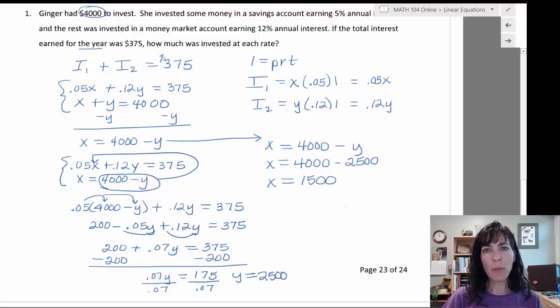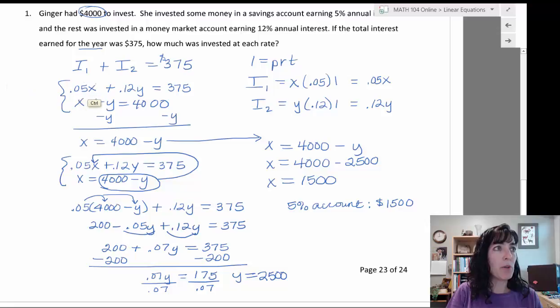Now we are talking about money because we are talking about how much money was invested in each account. So I would like to write out my answer so that it's very clear what I came up with. And I have a 5% account, $1,500, because I can see here this 0.05 times x. That means x is the variable that's holding the amount of money I invested in the account with 5% interest.